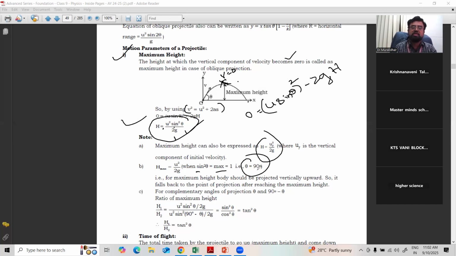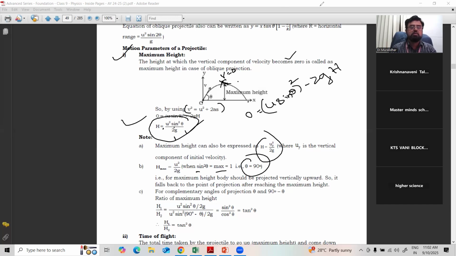When vertically projected, theta is 90 degrees. Sin 90 is equal to 1. So then you get the formula u square by 2g only. So different conditions you can define for the maximum height of an oblique projection.